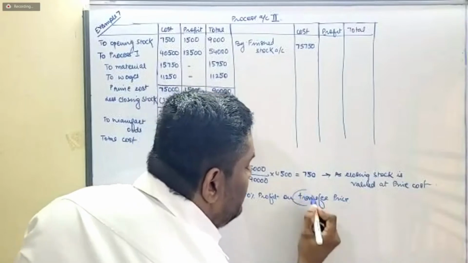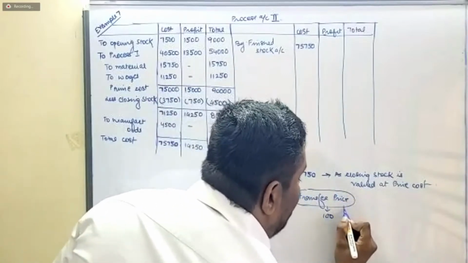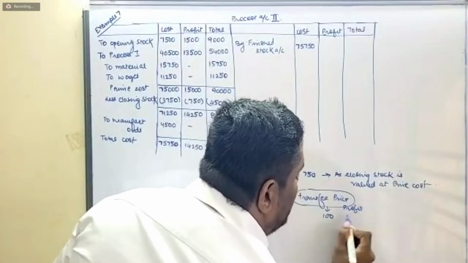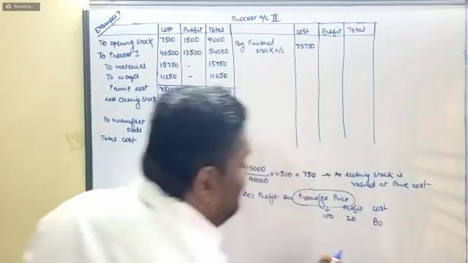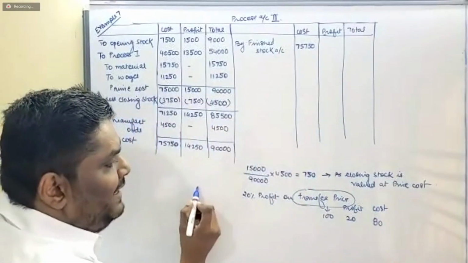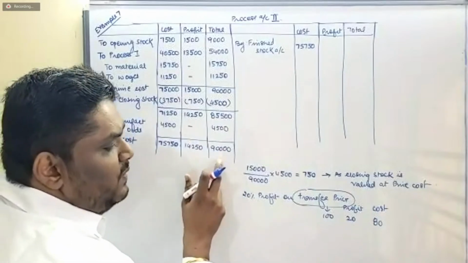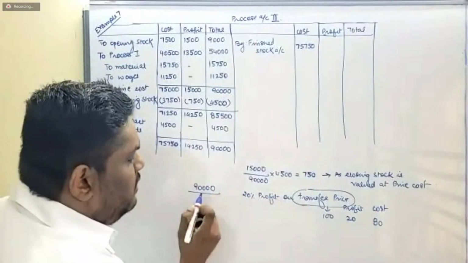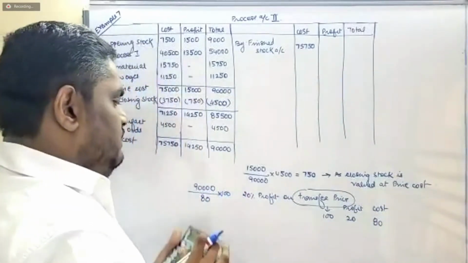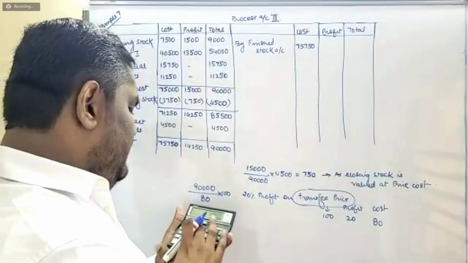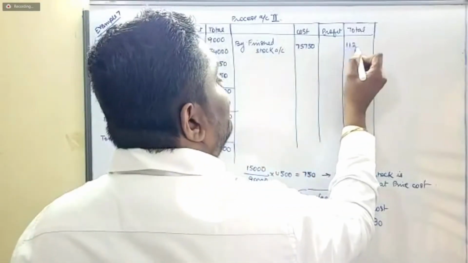So herein transfer price is not given in the question, so we will assume 100. My profit is how much? 20. So my cost will be how much? 80. So this 90,000 is my cost of this process divided by my total cost, that is 80 into 100. So 90,000 divided by 80%, that is 1,12,500.